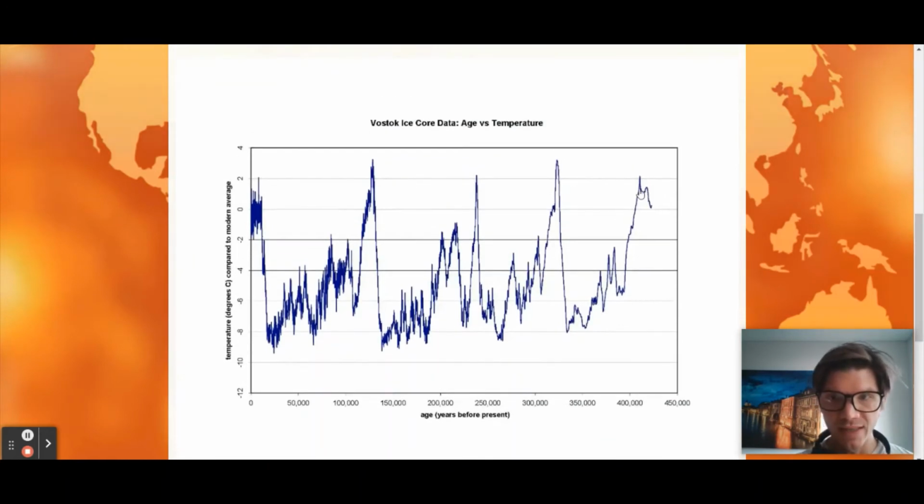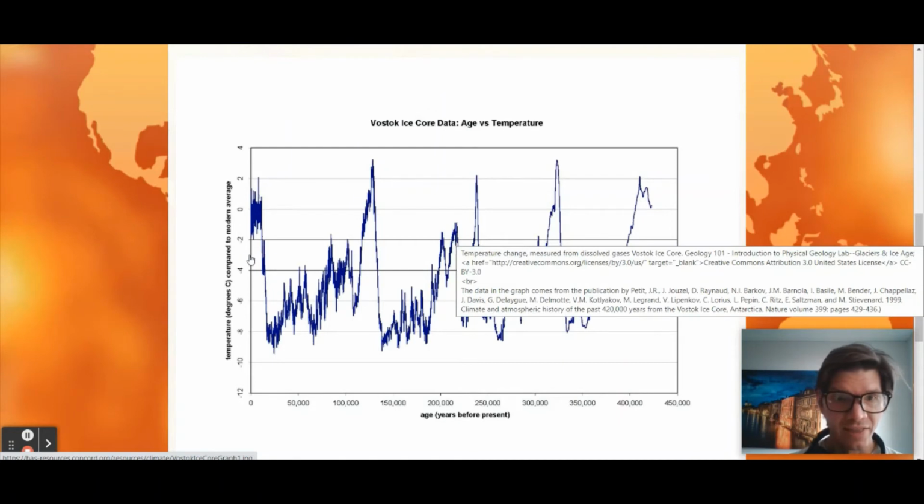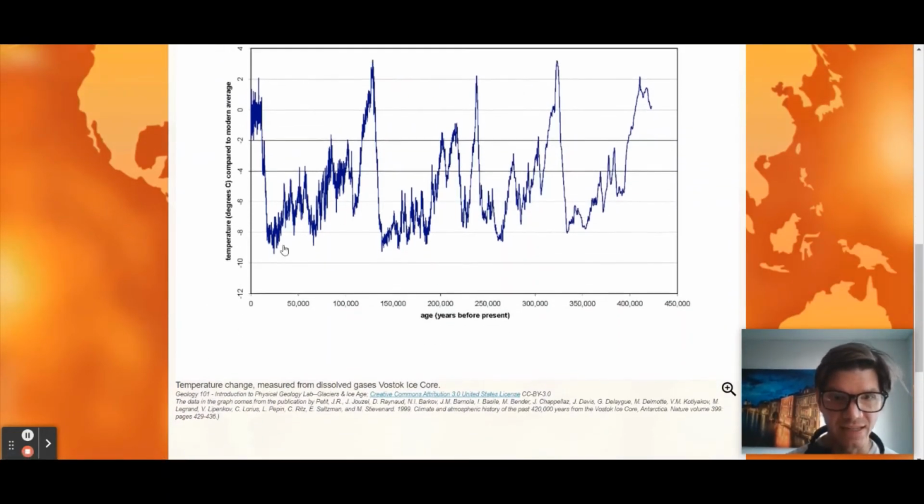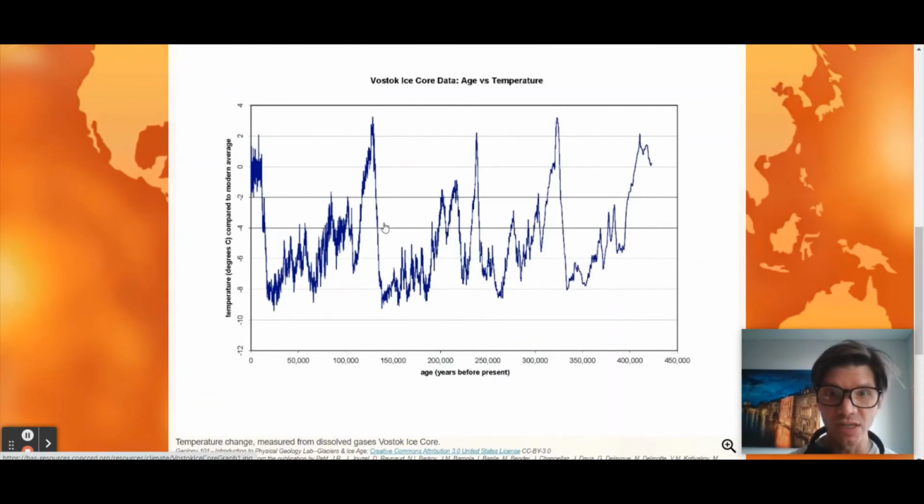So when we're looking at this ice core graph, we kind of see these very variable changes from a little bit warmer than average, and then many, many years of temperatures that are much cooler than average. So if you look over here, anything below this line is less than 2 degrees below the global averages. I think the caption before said that any temperature that's below 3 degrees of the global temperature would be an ice age.